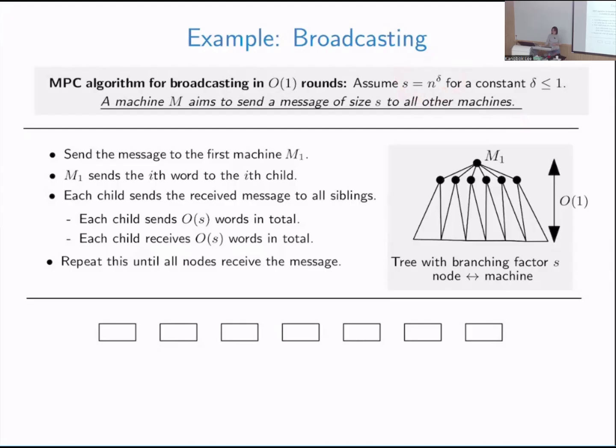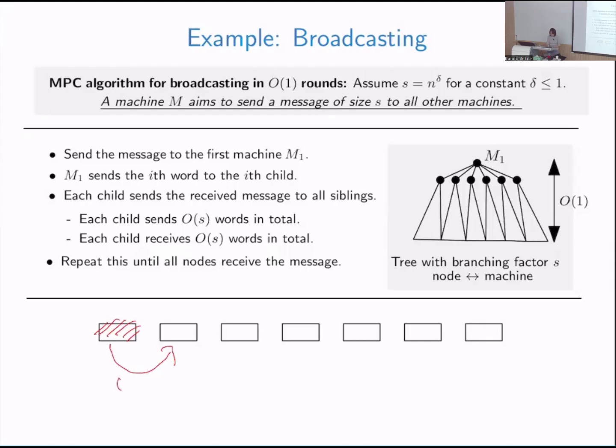Okay, here, a straightforward approach is as follows. Let's first assume that this machine has a message of size S, and we want to send this message to all the machines. At the end of the first round, it sends this message to the second machine.